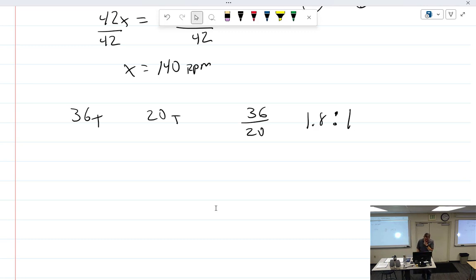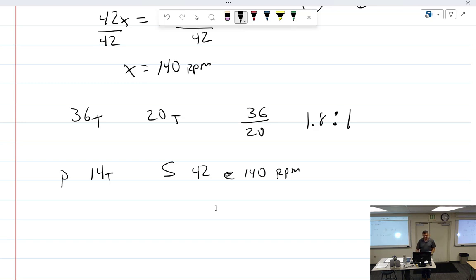A pinion gear with 14 teeth is driving a spur gear with 42 teeth at 140 RPM. Did we just do this one? Yeah, I think we did. That's the same one. I must have just duplicated it. It's an inverse, because I got out the Q&A.